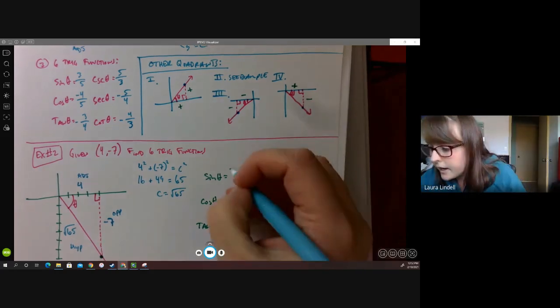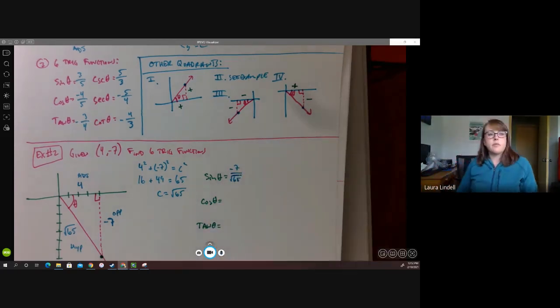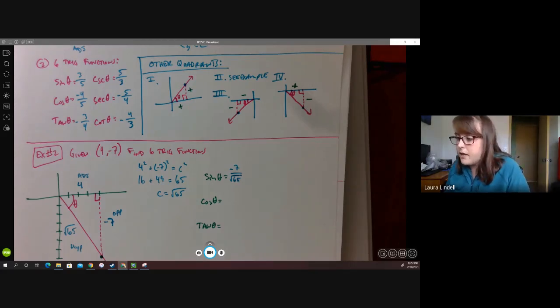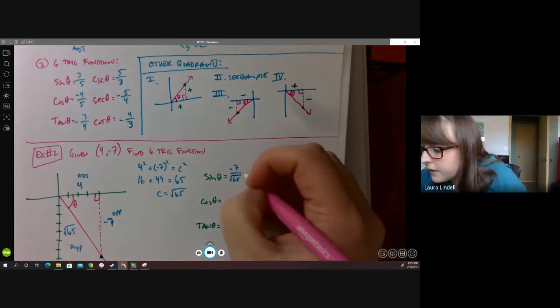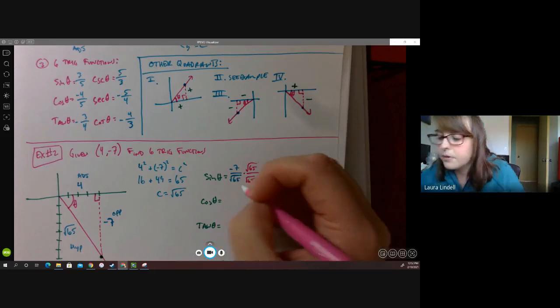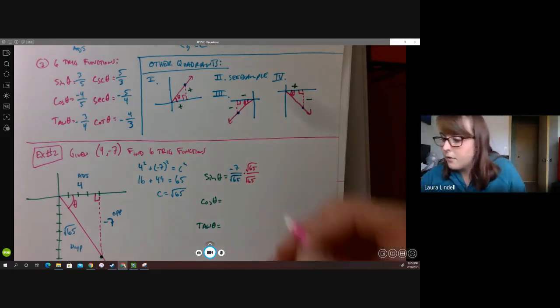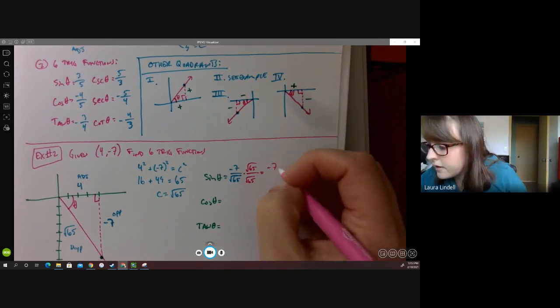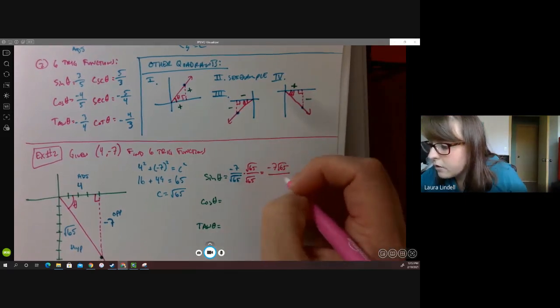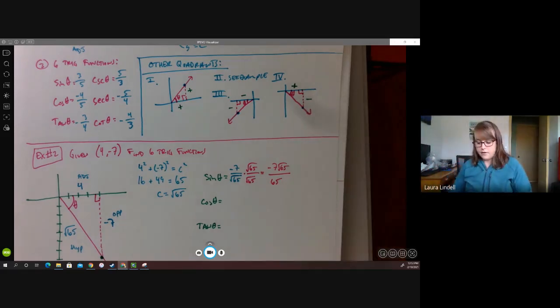But we're going to get -7 over root 65. But that leaves us with a square root in the denominator, and we don't want that. So instead, we're going to multiply on the top and the bottom by root 65, because that will get rid of the square root on the bottom. So that gives us -7 root 65 over 65 for our final answer.